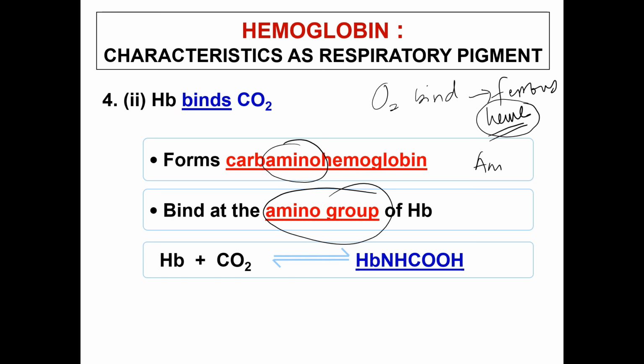Sebab tu bila nak sebut simbol dia, kena ingat hemoglobin binds carbon dioxide. When carbon dioxide bind to hemoglobin, it forms carbaminohemoglobin because the carbon dioxide binds to the amino group of the hemoglobin. Kalau lah awak terlupa, kita ingat balik struktur amino acid.